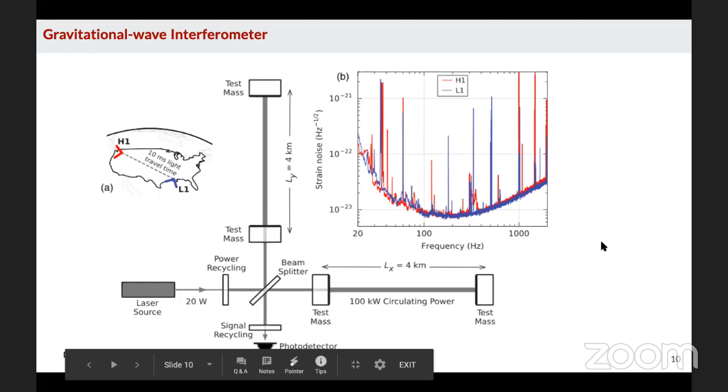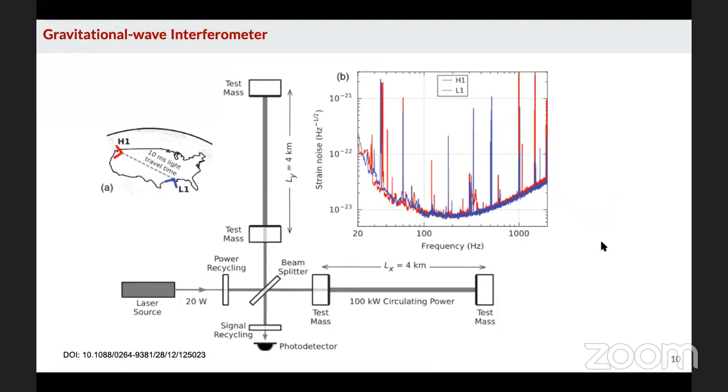Let me give a comparison to our optical detectors. In the case of optical detectors, we can see the sources, take pictures and analyze the data. But here we are looking for a signal which can make a length change of the order of 10 raised to the power minus 23 or 22.